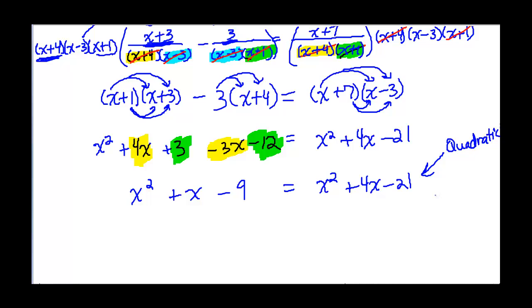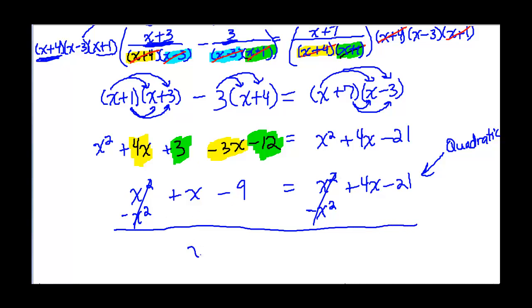All right, so with a quadratic equation, what we do is we get all of our terms on one side set equal to 0. So I'm going to pick my left-hand side. So I subtract x squared from both sides. But hey, if you look, when you try to subtract x squared from both sides, they're going to cancel. So I'm going to stop there. Although this equation looked to be quadratic, those x squares cancel. It really is a linear equation.